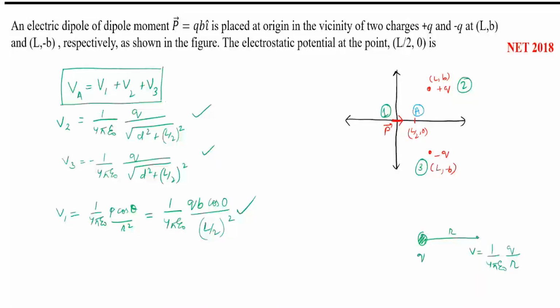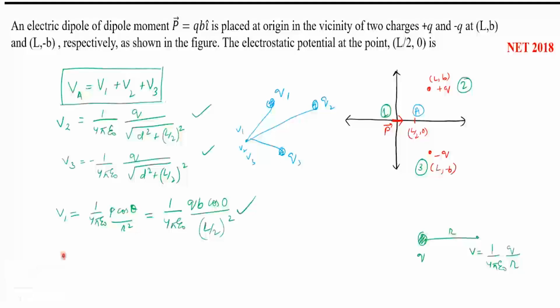Do you remember in your school days, you must have solved some numerical like this: there is one Q1, one Q2, some Q3. The potential at this point is a sum of what? V1, V2, V3, right? It's a scalar. If it is electric field, then you have to take into account the vector direction.